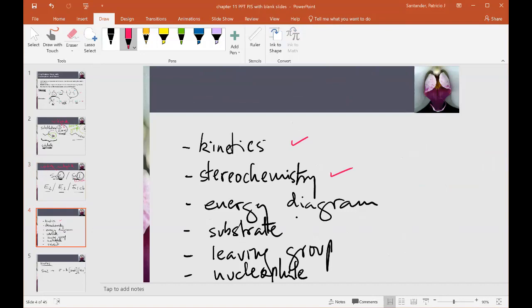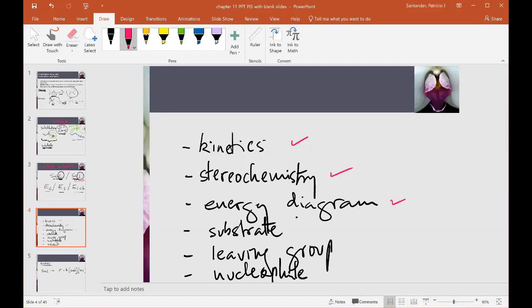Stereochemistry. If there is a chirality center, it's going to be quite interesting to see if the chirality center will remain or not. Is there an inversion of the chirality center? Is there a retention of the chirality? Or do I start with a chiral compound and then get as a final product a racemic mixture?